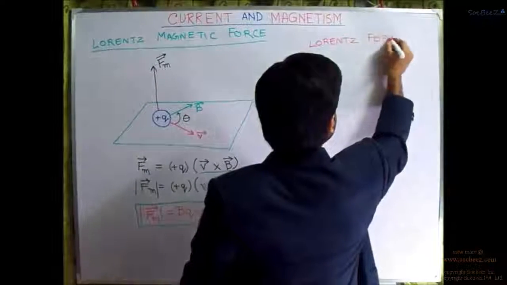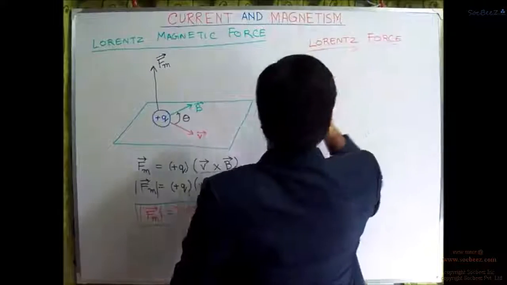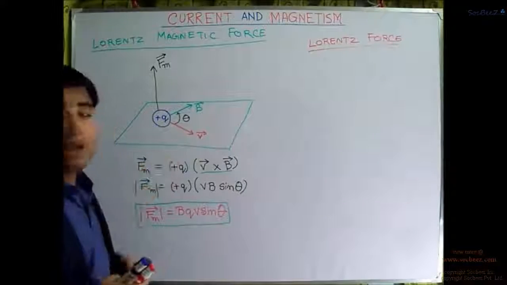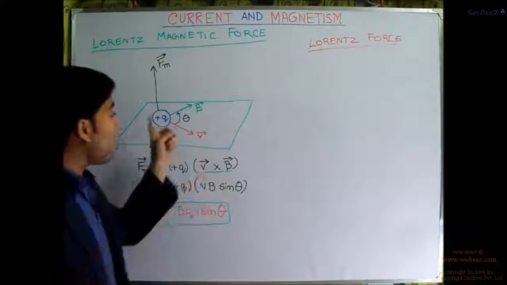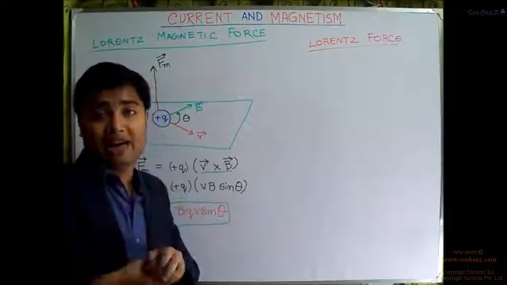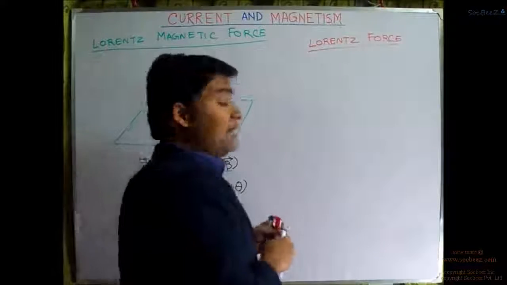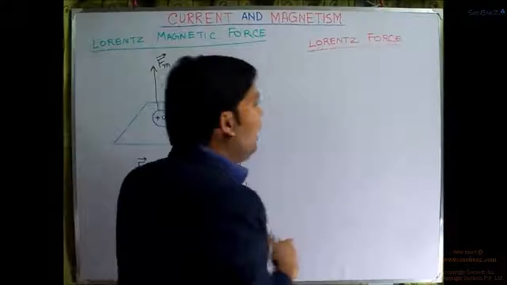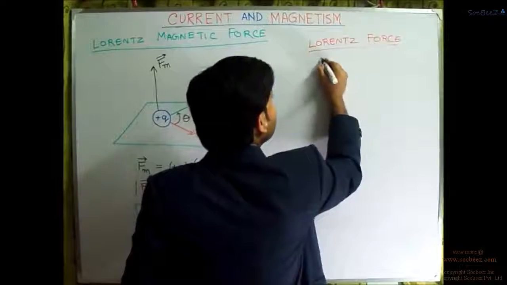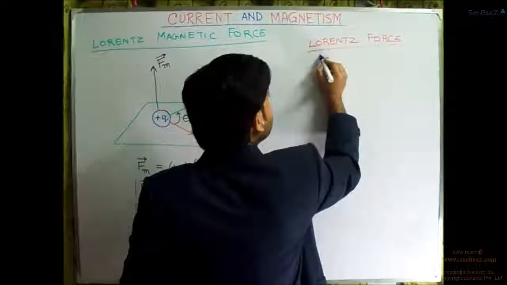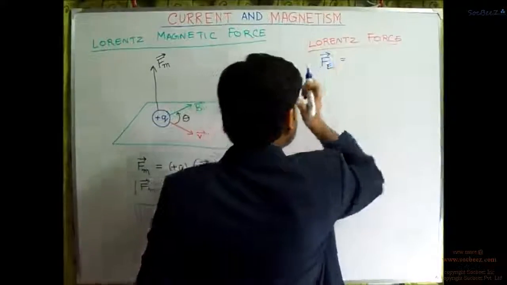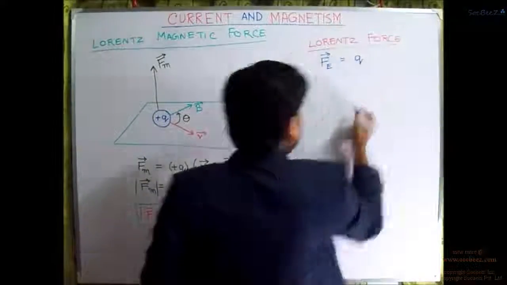Now, what does the Lorentz force actually imply? The Lorentz magnetic force is basically for the situation when there is only the presence of a magnetic field. But in the presence of an electric field as well, which we denote as capital E, we know that the electric force being exerted is equal to q multiplied by E, if this charge is, say, plus q.